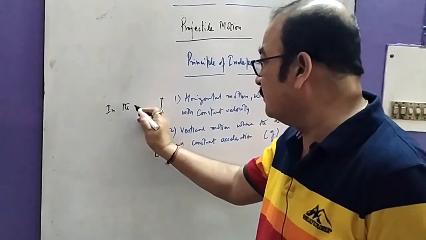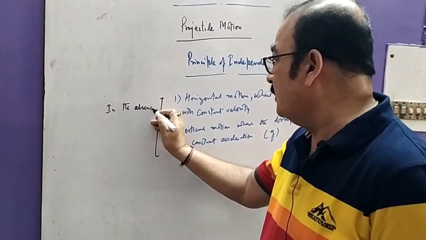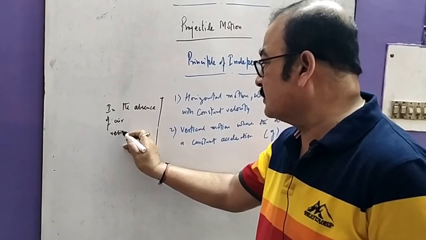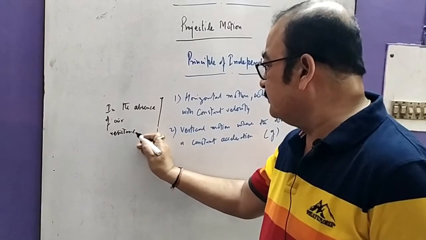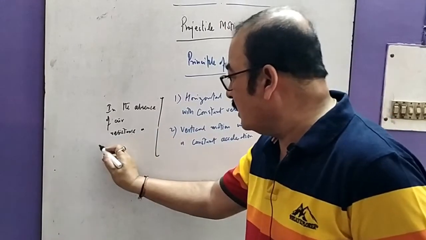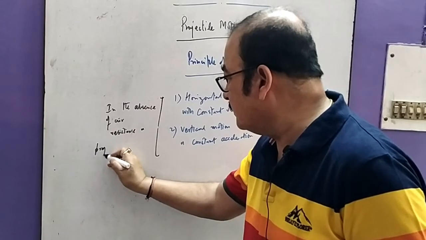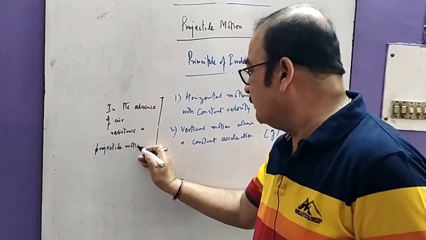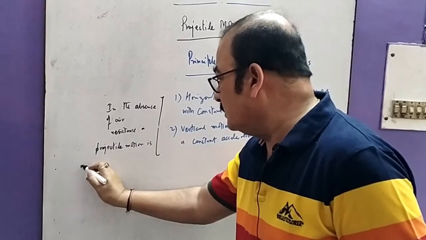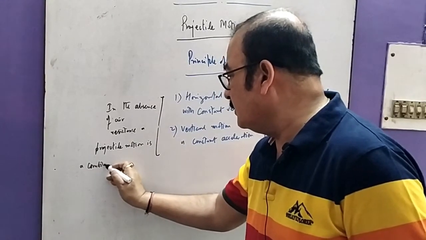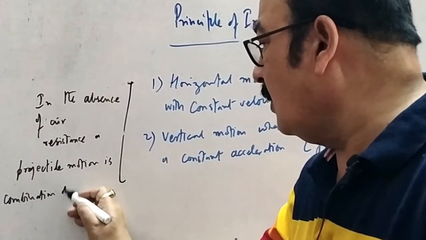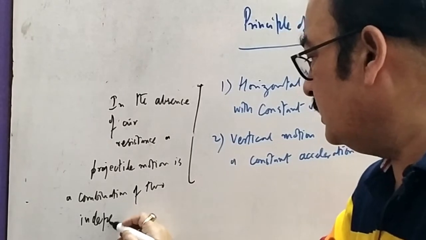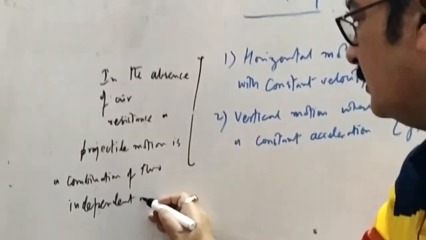In the absence of air resistance, a projectile motion is a combination of two independent motions.